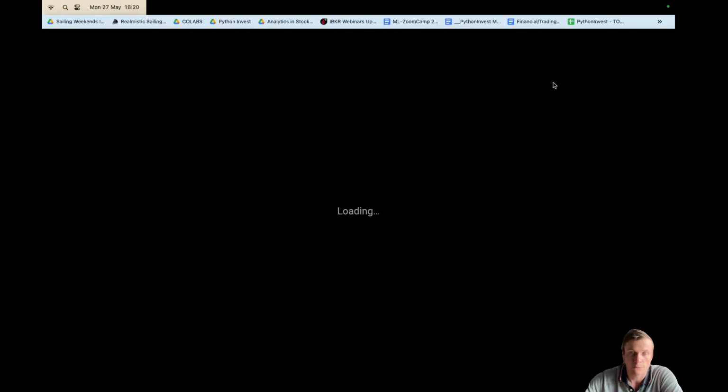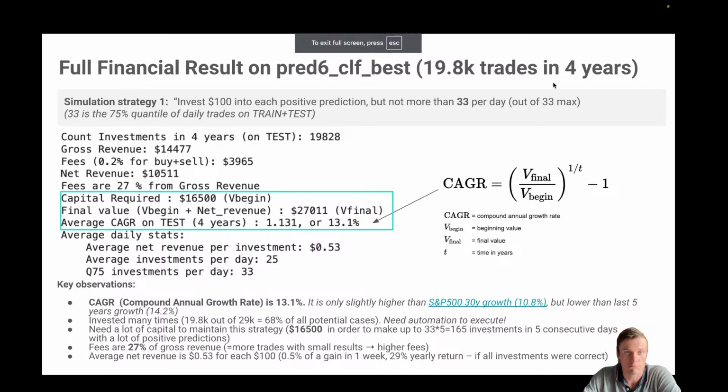And now we want to add a few more metrics to be able to understand what's the end capital that we get, and what's the profitability of our trades. If you know the gross revenue of 14,500, that's what we got from trading, fees 0.2%, and overall we had many trades, 4,000.